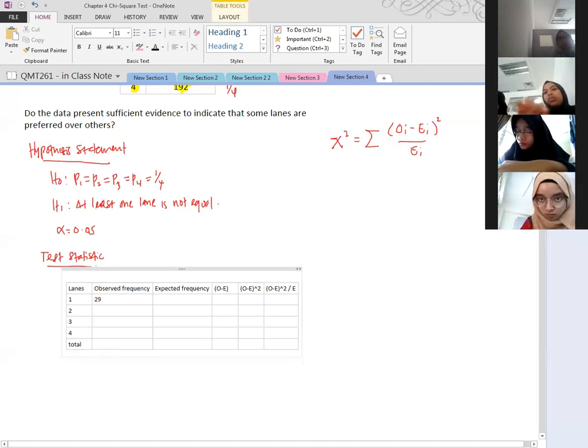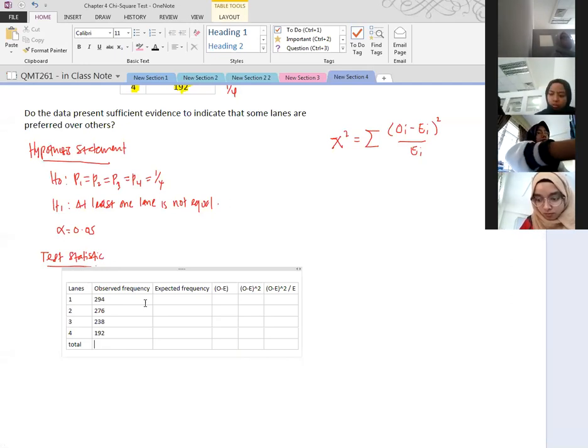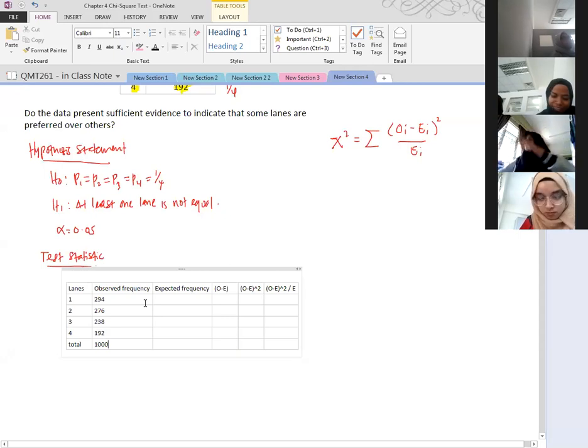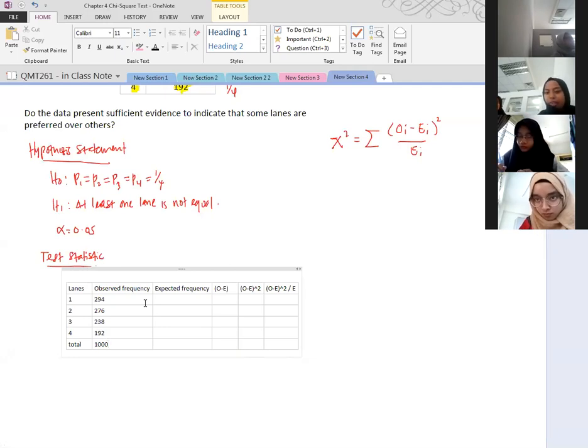The observed values are 294, 276, 238, and 192. The total should be equal to 1000: 294 plus 276, 238 plus 192, gives 1000.